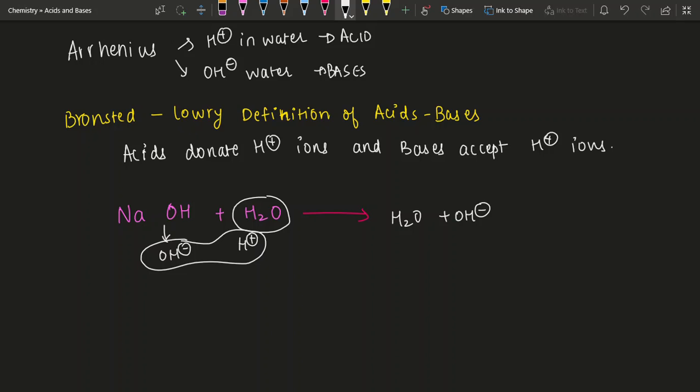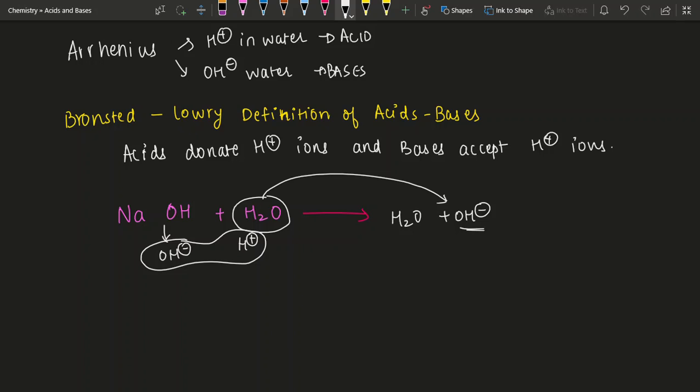In this case, what we are seeing is not NaOH making the OH minus ion, but rather the H2O converting into the OH minus ion, because the OH minus takes the H plus ion. And that's something that you could have predicted by Arrhenius's theory.